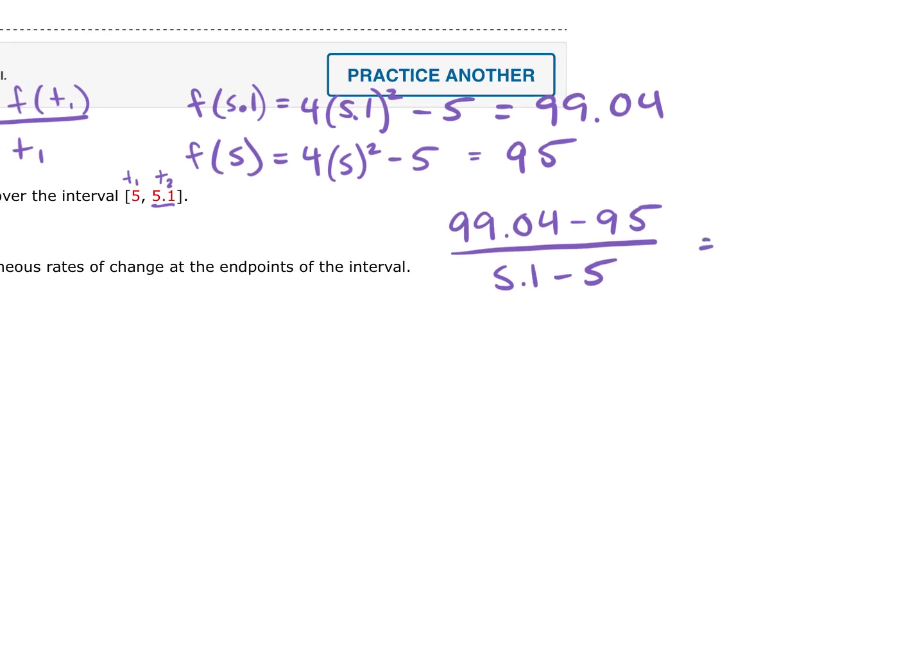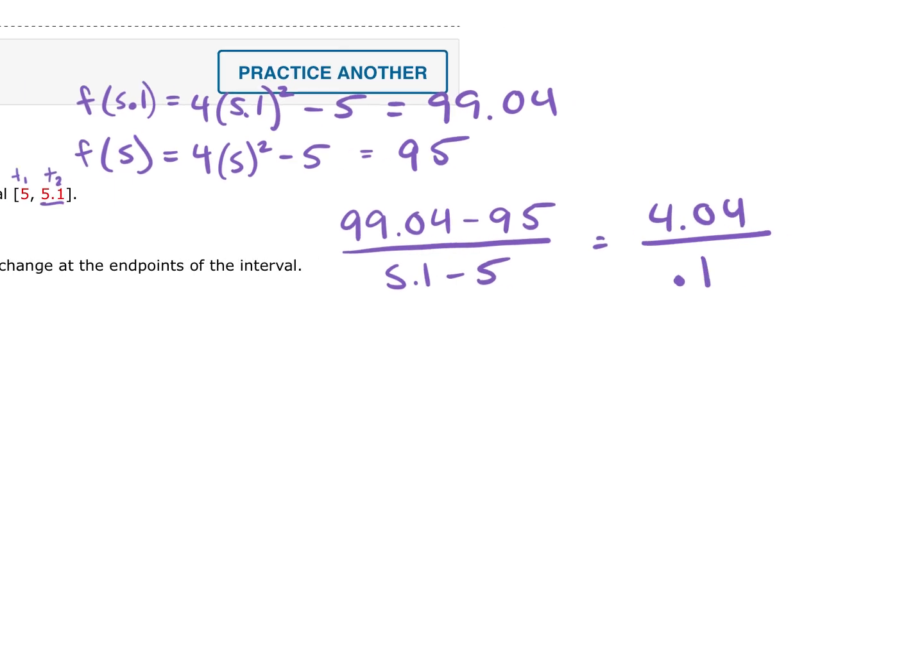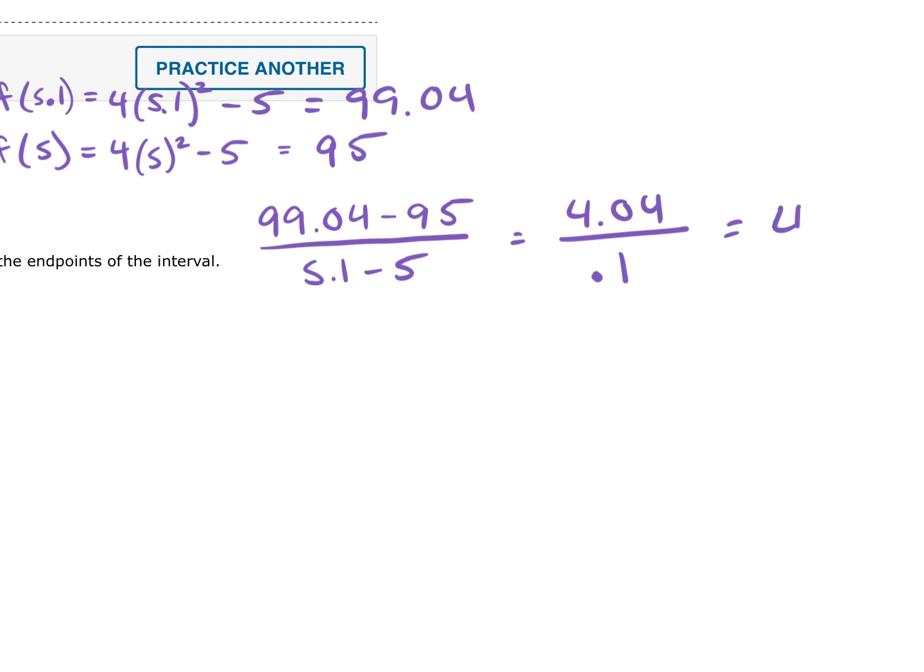So this would give us 4.04 divided by 0.1, which would be 40.4.